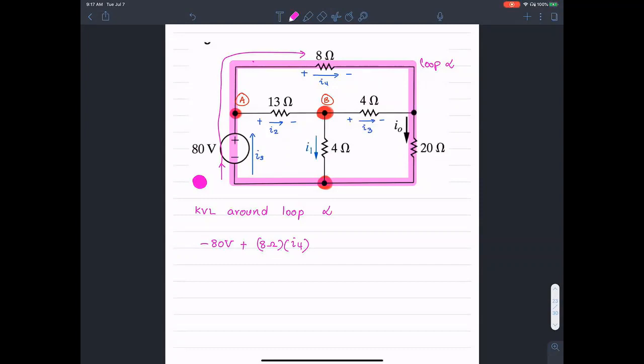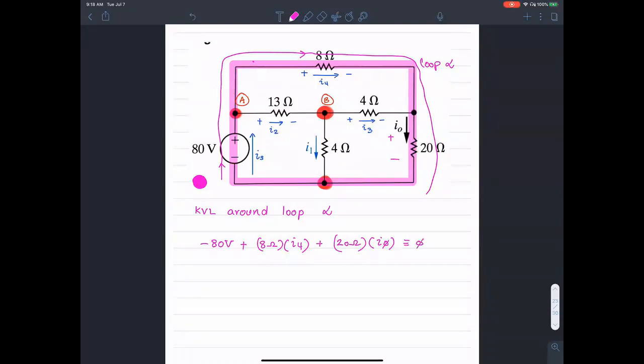Because I'm using KVL around loop alpha, I want to add the voltage drop around the loop, and the voltage drop is V equals I times R, so around this 8 ohm resistance it is 8 times I4. Then I look at the plus-minus sign: 20 ohms times I naught, the value of which is given to be 2 amperes. All of that equals 0.